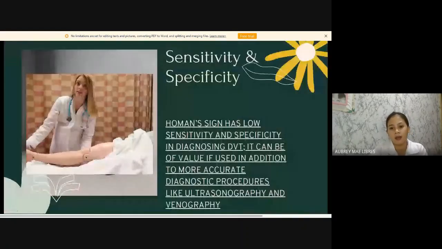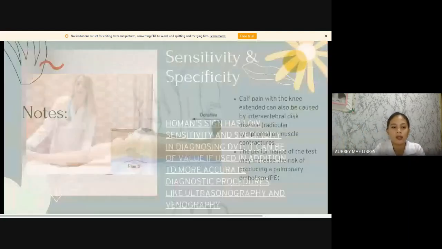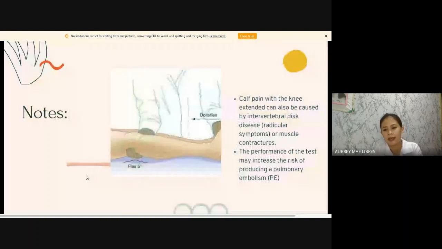So there are sensitivity and specificity of the Homans sign. It has low sensitivity and specificity in diagnosis. It can be of use in addition to more accurate diagnostic procedures like ultrasonography and venography. Note that calf pain with the knee extended can also be caused by an intervertebral disc disease with radicular symptoms or muscle contractures.